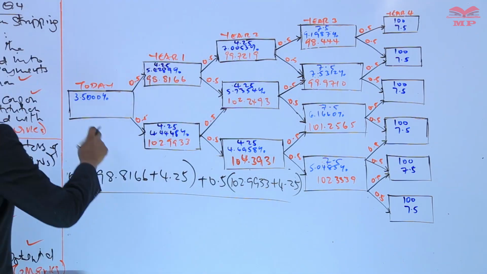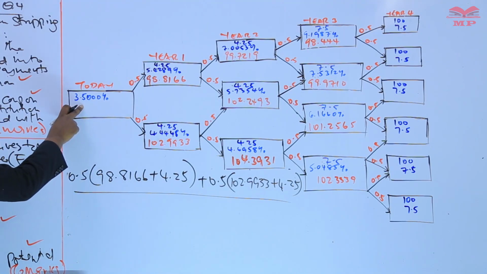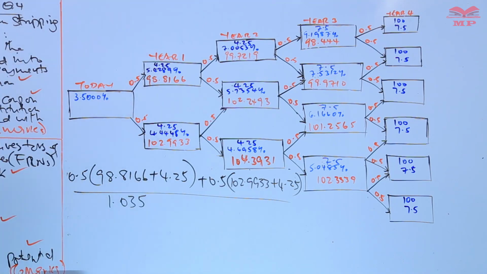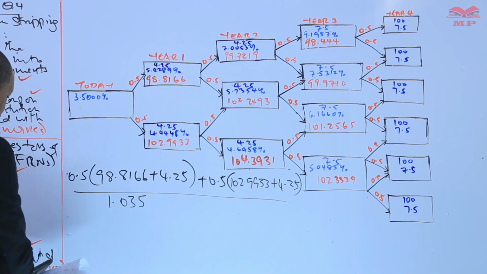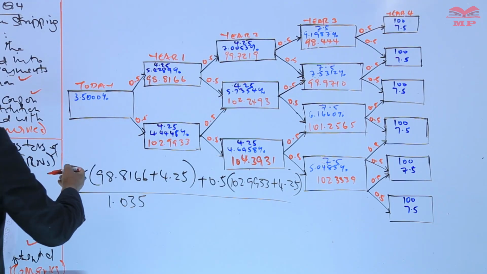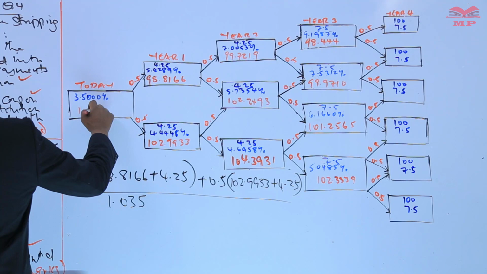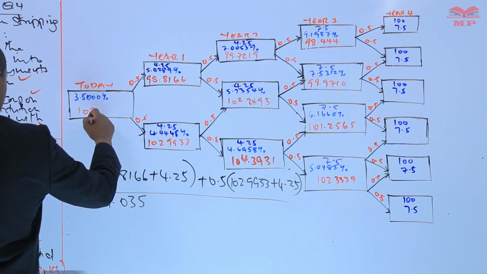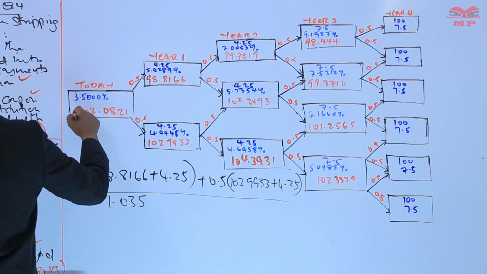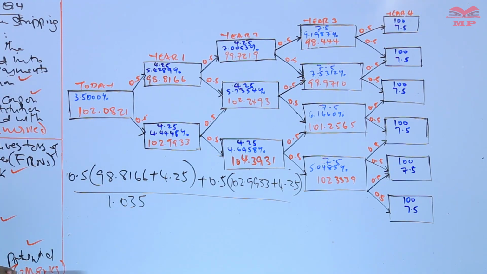Divide by 1.035. This is going to be equal to 102.0821. And candidates, this is the answer. The last one here is the answer.